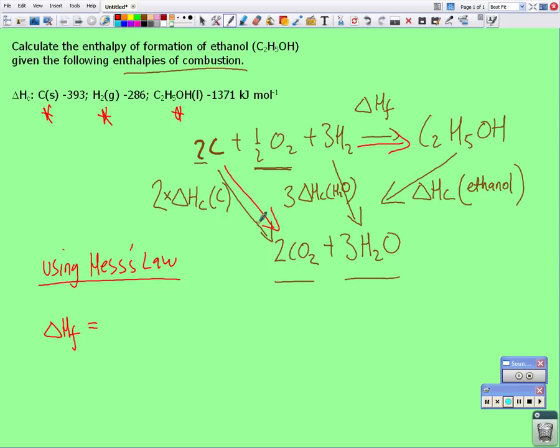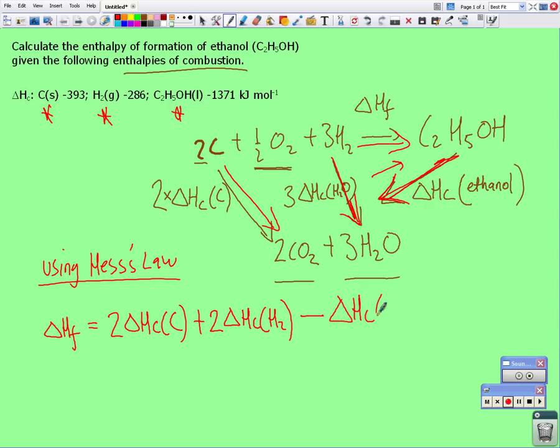We're going along the same direction as the arrow this time, so it's twice the enthalpy change of combustion of carbon, plus, because we're going again along the arrow, 3 times the enthalpy change of combustion of hydrogen. Now we're going back against an arrow in this direction, so minus the enthalpy change of combustion of ethanol.